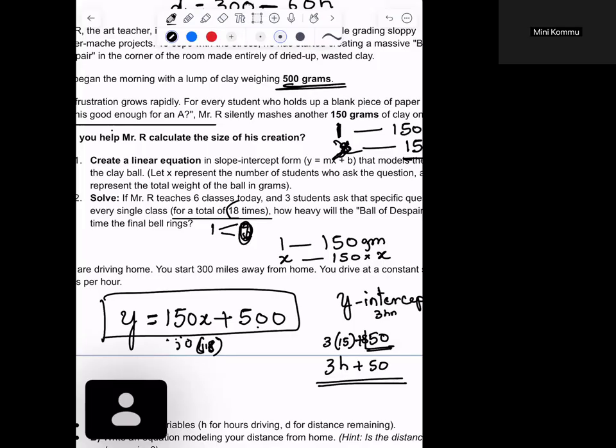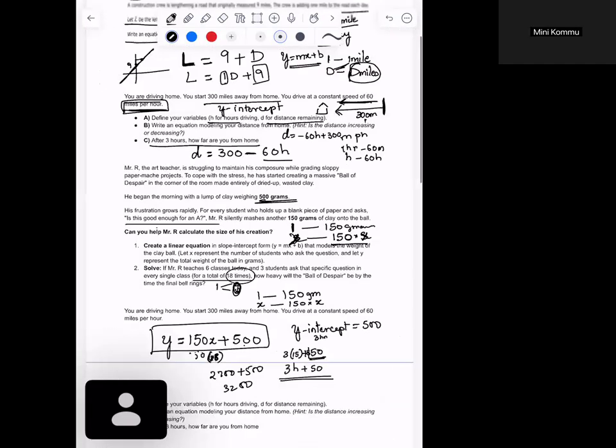So total number of 18 times he was questioned. You'll plug in 18 in place of x, and you will get your answer, which will be 2,700 plus 500, about 3,200. So that is how you'll solve these problems.